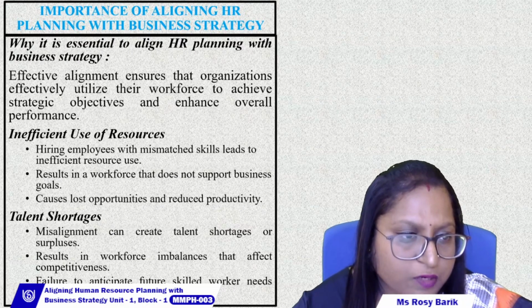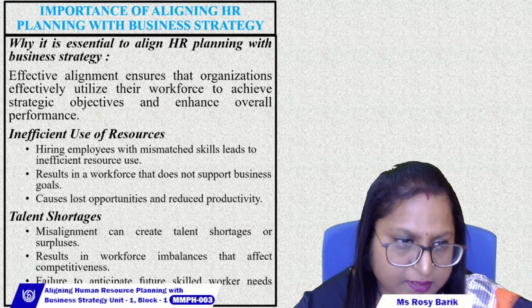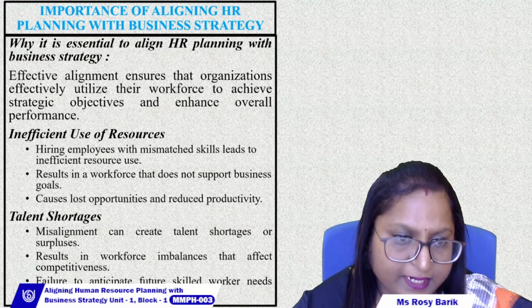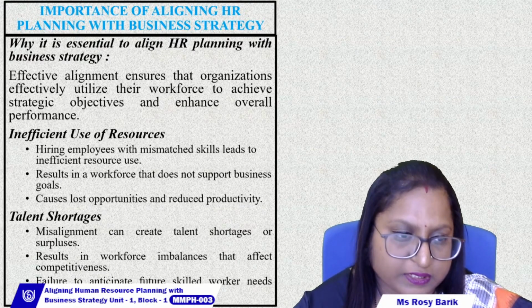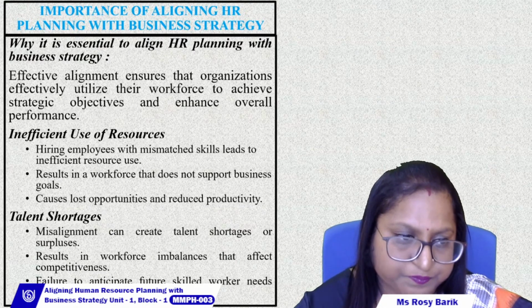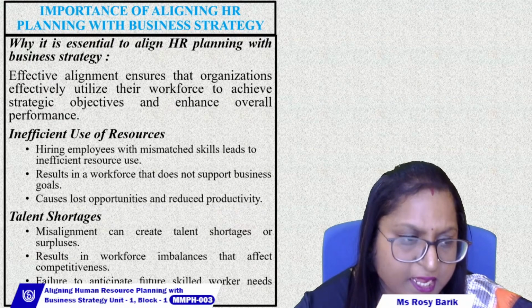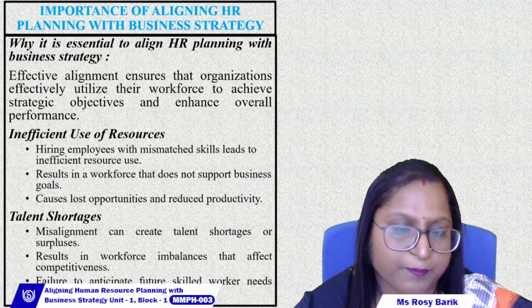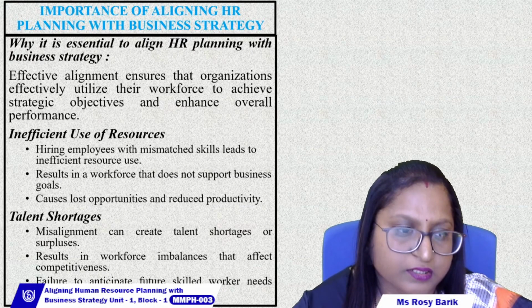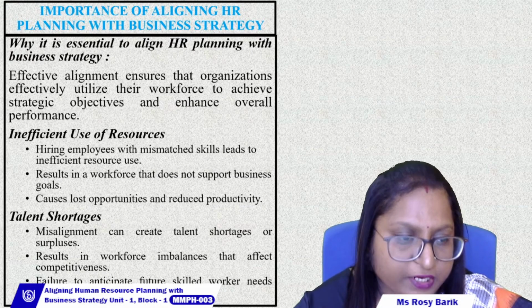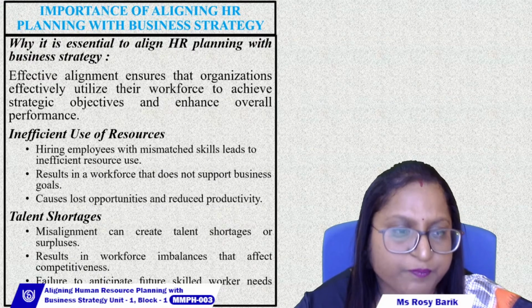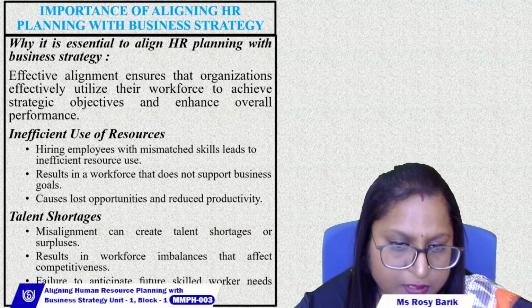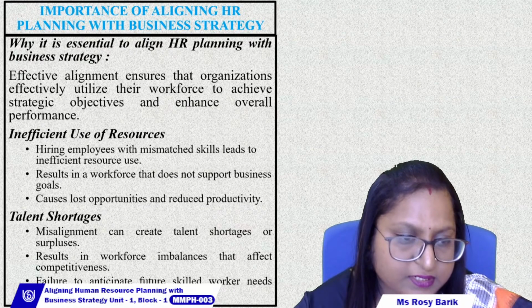So now comes to talent shortages. Misalignment can create talent shortages or surpluses, which results in workforce imbalances that affect competitiveness, which leads to failure to anticipate the future skill and worker needs and hampers talent pipeline development.